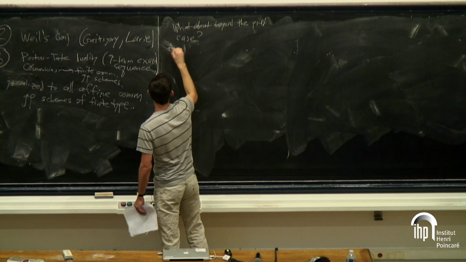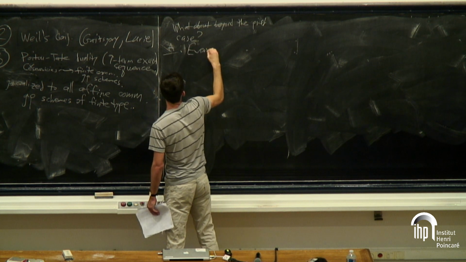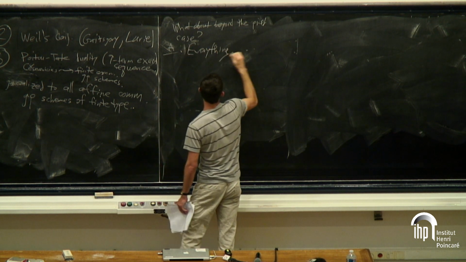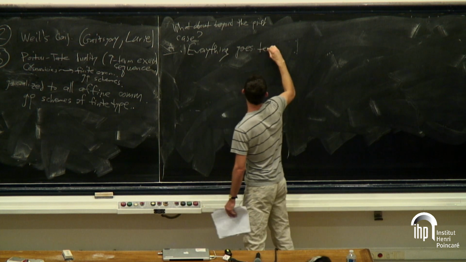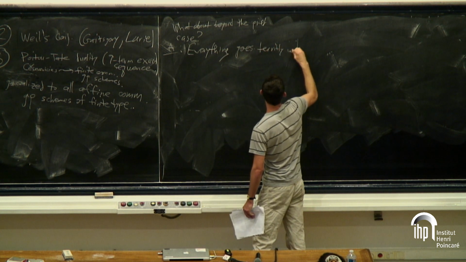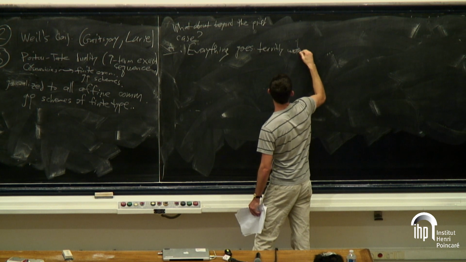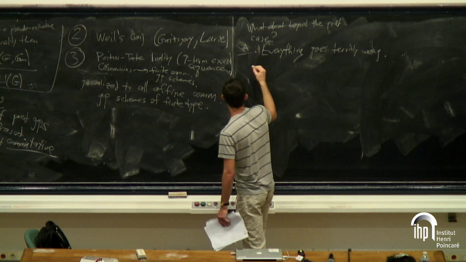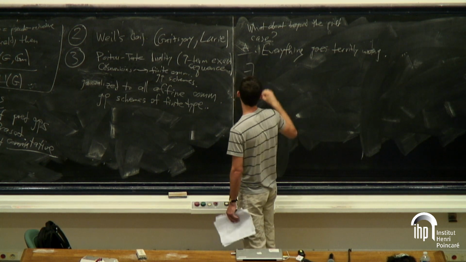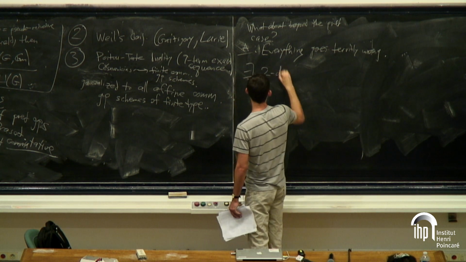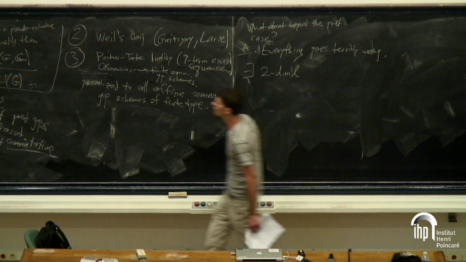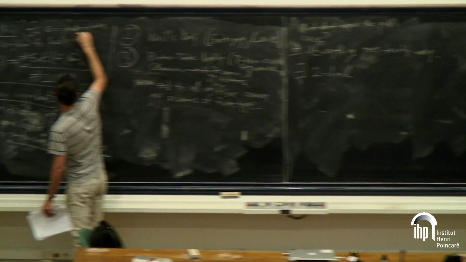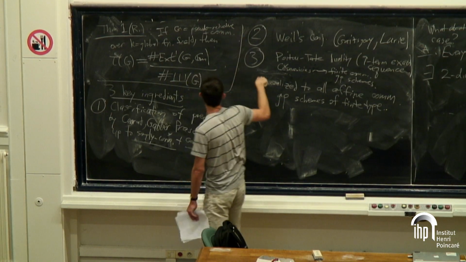And the answer is everything goes terribly wrong. So for example, in any characteristic, there exist two-dimensional groups, and of course they have to be non-commutative, because this holds for pseudo-reductive, and commutative by this Poitou-Tate stuff.